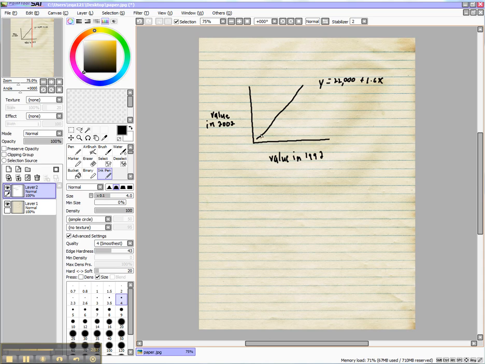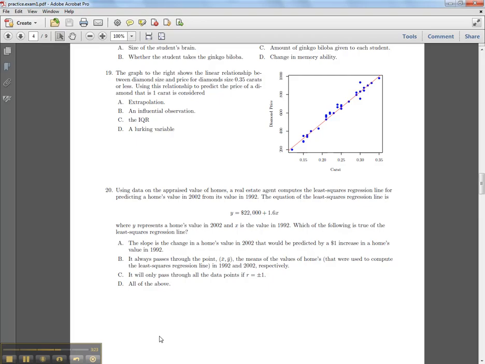I don't really even have points. I just drew what the line could be, and it's a positive linear line because my slope is 1.6, right? So if I plug in a value in 1992, I should be able to predict the value in 2002. So if the value of my home is 500,000, I should predict that this is the value right here.